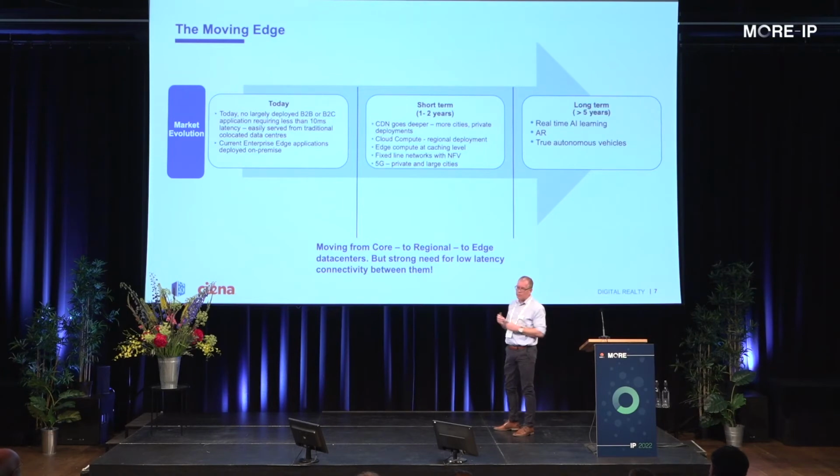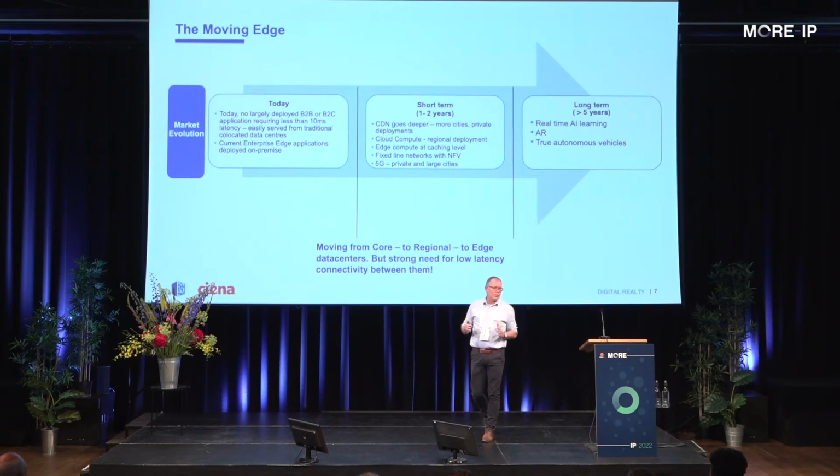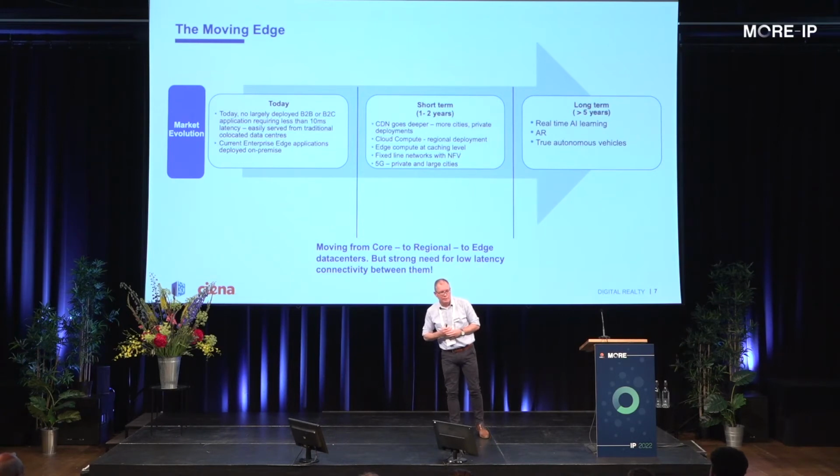Again, on the long term, that's where we want to be. But it will take a few more years to get there. Augmented reality, artificial intelligence, it's coming, as we saw this morning. But to become mainstream and to have the infrastructure ready to deliver that via 5G, for instance, that will take a few more years.